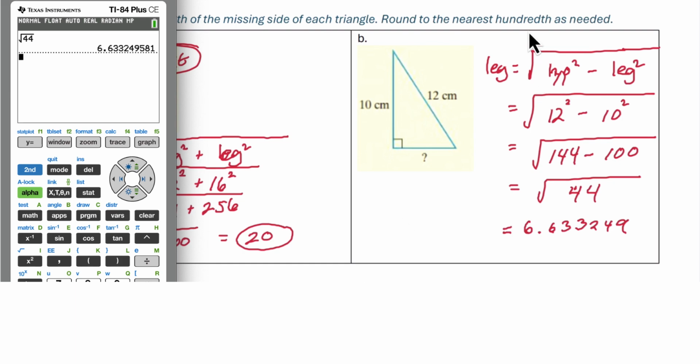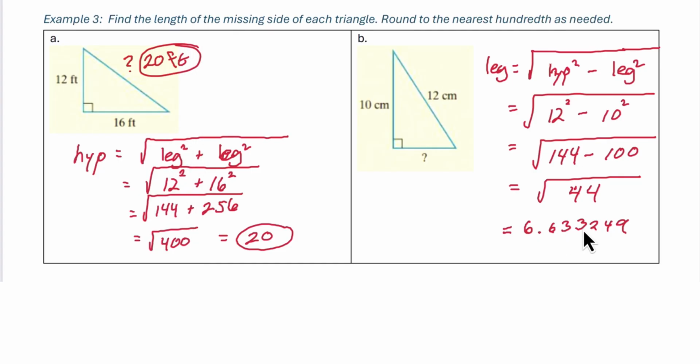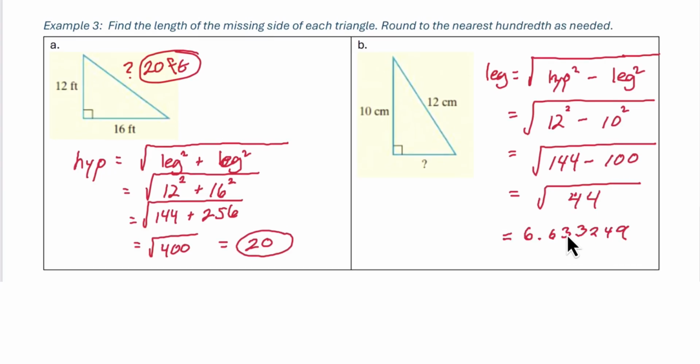We're asked to round to the nearest hundredth, so really we only needed 3 decimals. The nearest hundredth is here. Look to the right of that 3, and we see another 3, which means we need to round down. So this is roughly 6 and 63 hundredths centimeters. That's the leg that we're missing.